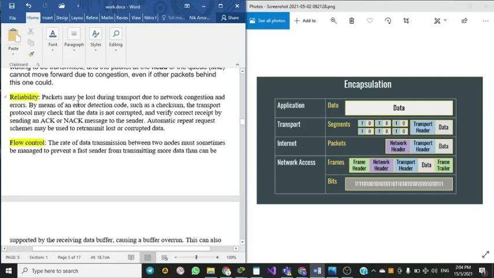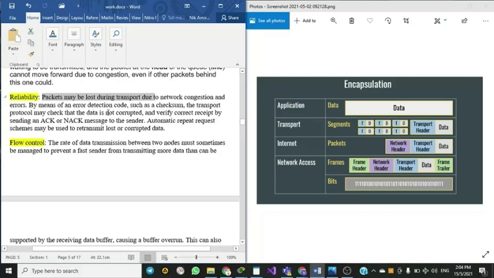Reliability. Packets may be lost during transport due to network congestion or error.